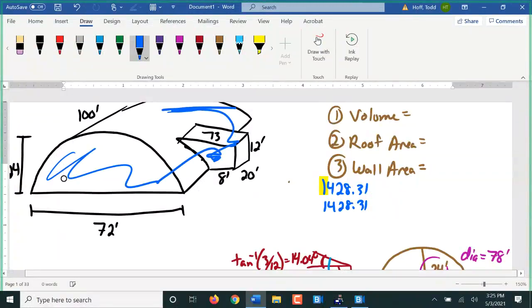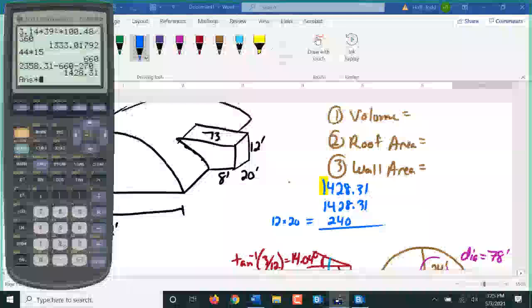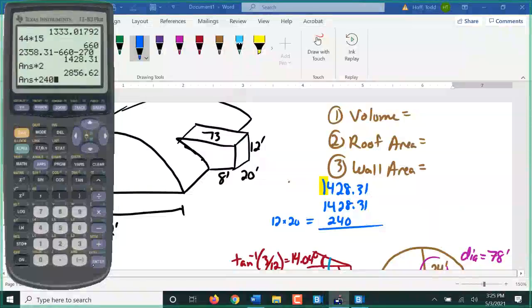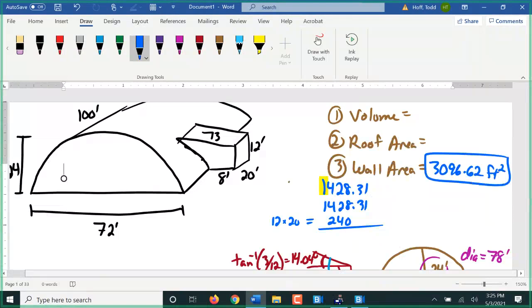Yep. What else do I still need to add to that? This little piece out here, right? That is 12 by 20. 240. There's a total of 3096.62. Perfect. Of wall area.